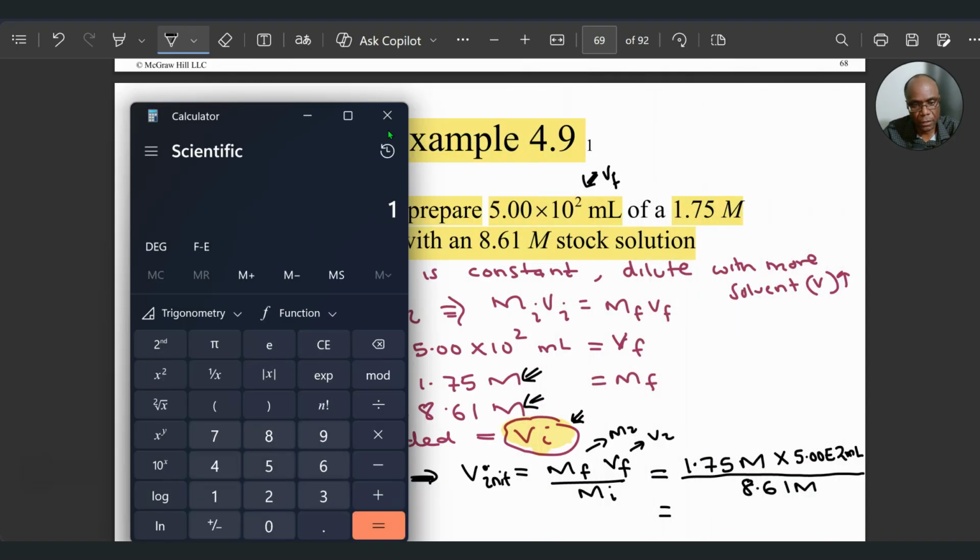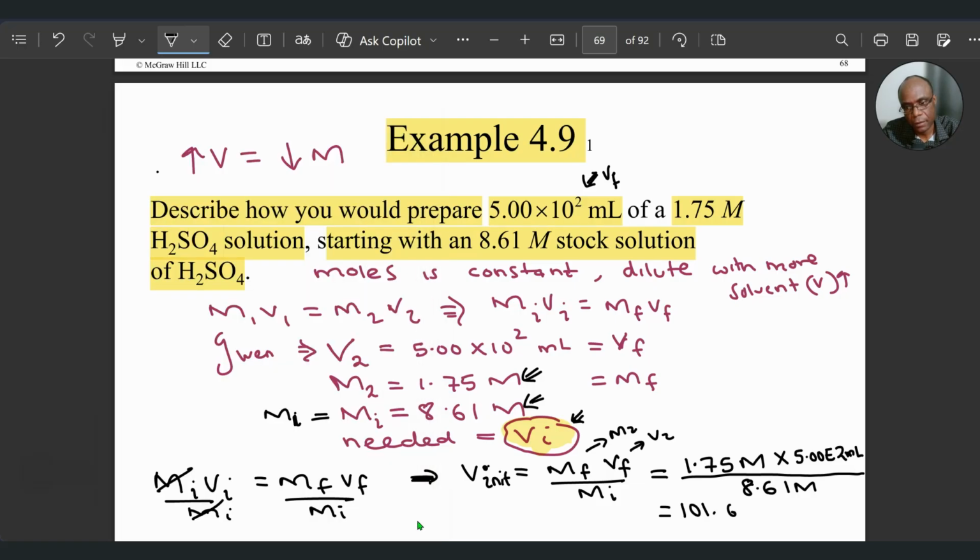So it's going to be 1.75 multiplied by 5.00 times 10 to the power 2, divided by 8.61. So I'm getting 101.63 ml, which is roughly 1.02 times 10 to the power 2 ml.